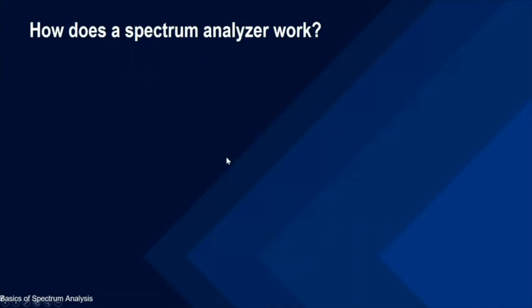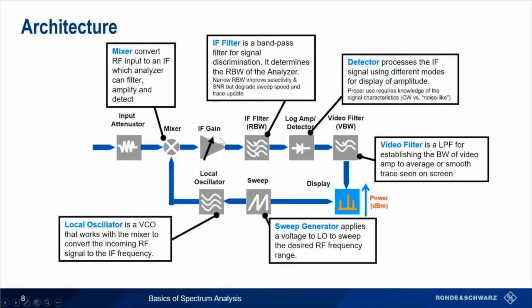All right, so let's take a look at a block diagram of a spectrum analyzer and talk through how it works. So basically, the spectrum comes in, and it's measured by sweeping the local oscillator across the band of interest. There's a couple key things that you get out of a swept spectrum analyzer, and one of those is you get very low noise due to the IF gain and filtering. The sweep can be really fast over a narrow span.